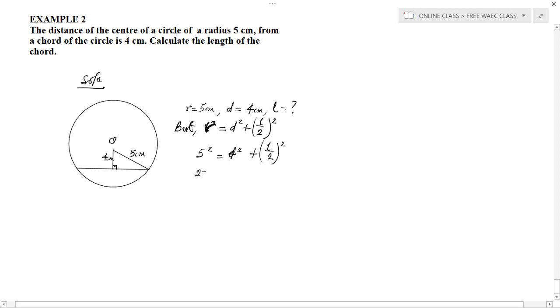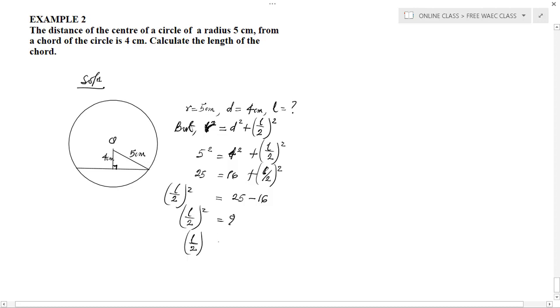This is 25 equals 16 plus (L over 2) all squared. This is (L over 2) all squared equals 25 minus 16. (L over 2) all squared equals 9.